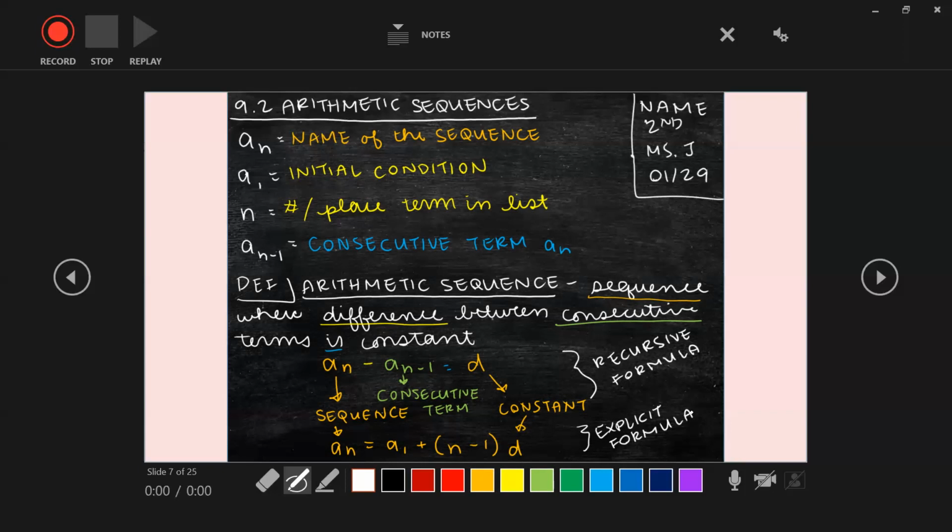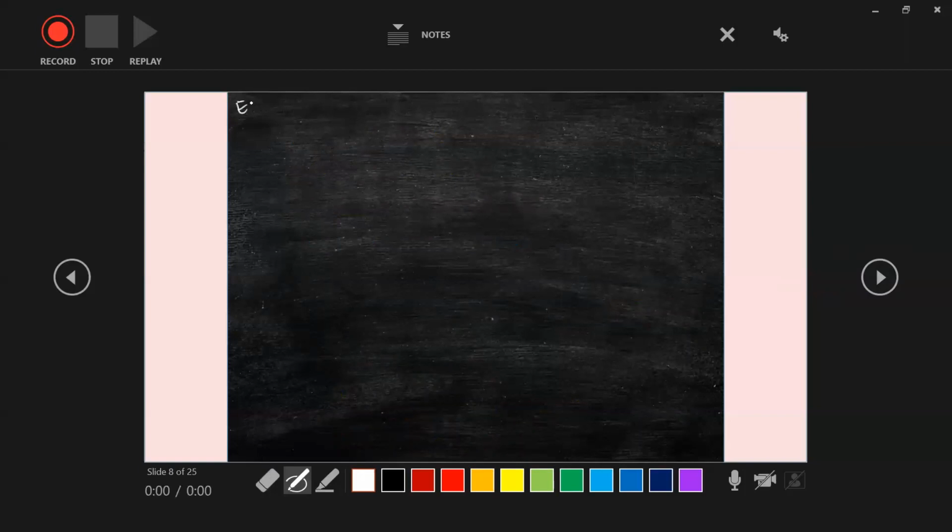So let's do an example. Our example is going to say, is the following an arithmetic sequence?